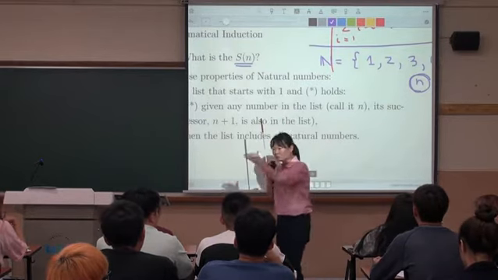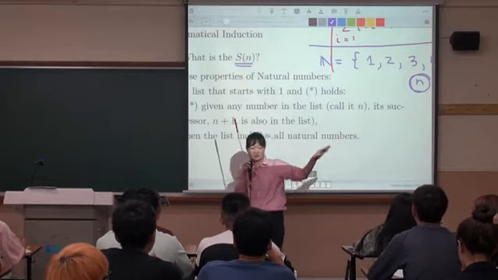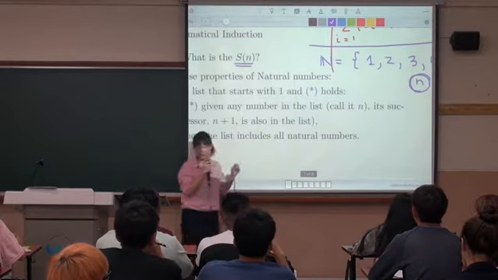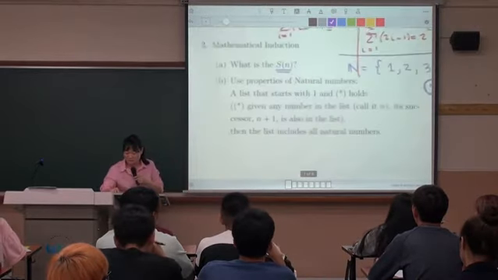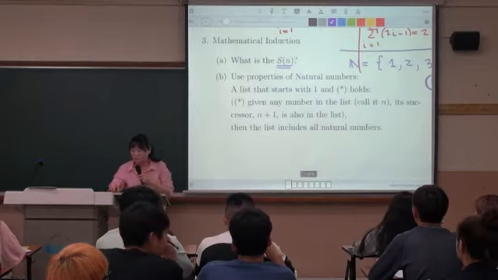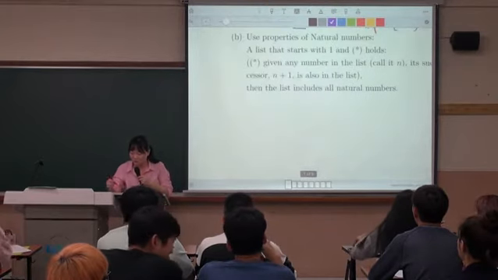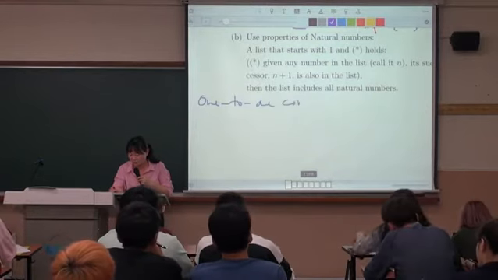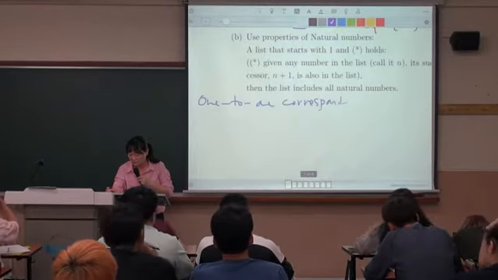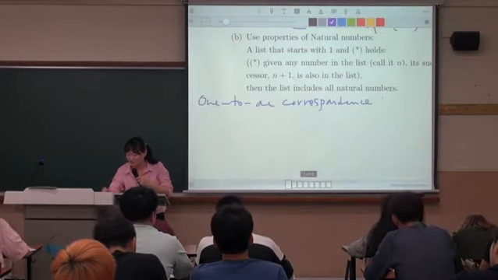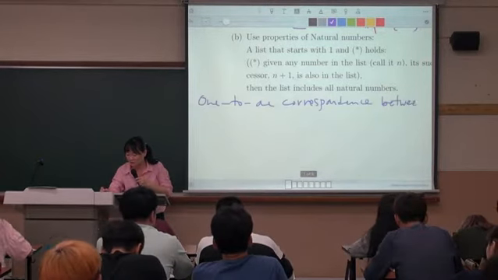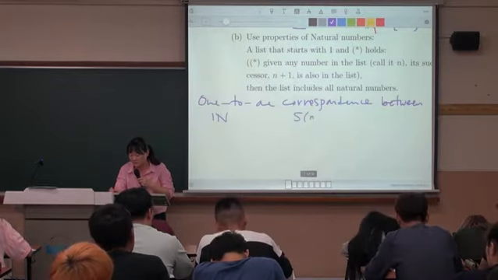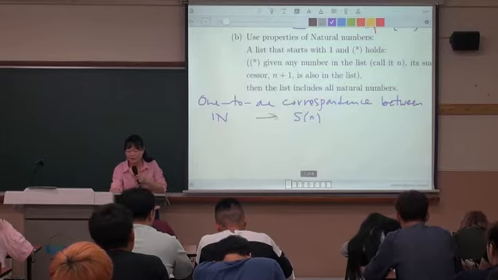Then n plus 1 is also in the set, so it is true for all natural numbers. So that's the induction. We build a one-to-one correspondence between the set of natural numbers and the statement S of n.